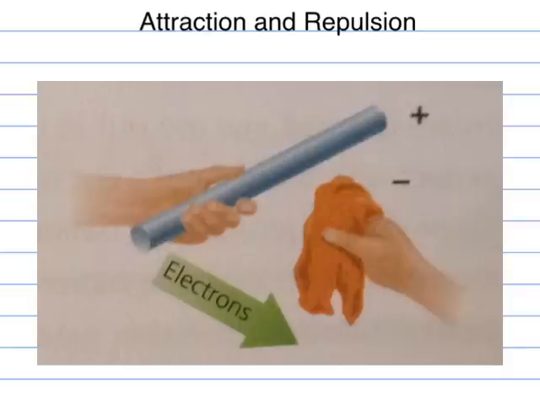When you rub the Perspex rod, it becomes positively charged and the cloth becomes negatively charged, because the electrons move towards the cloth. This means that we have positive ions forming here and negative ions forming here.